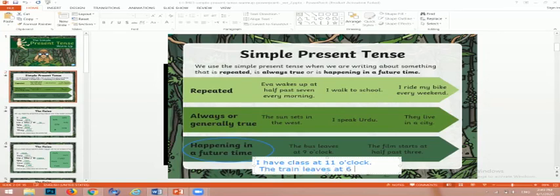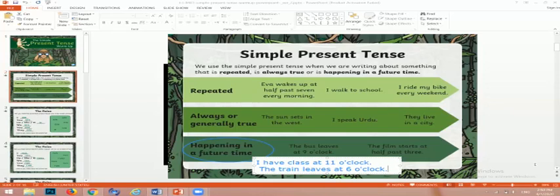So here we are discussing a timetable, that the class is at 11 o'clock. The train leaves at 6 o'clock. Also discussing a timetable here.